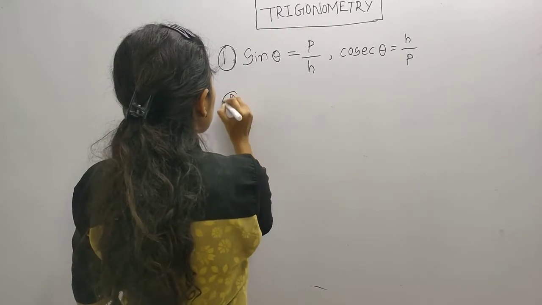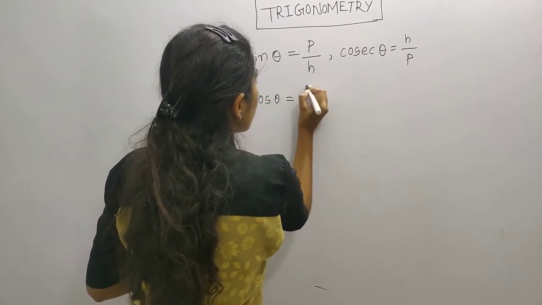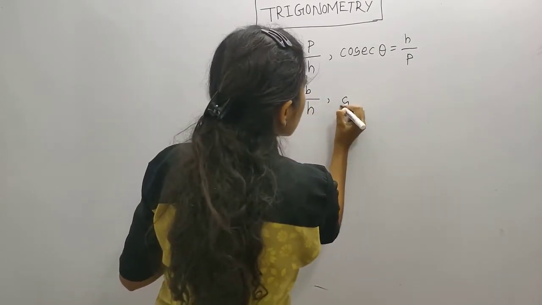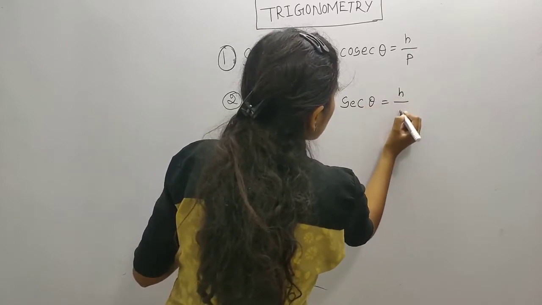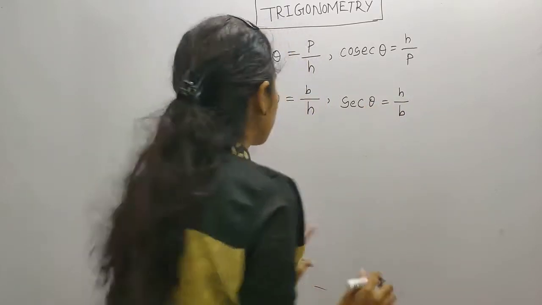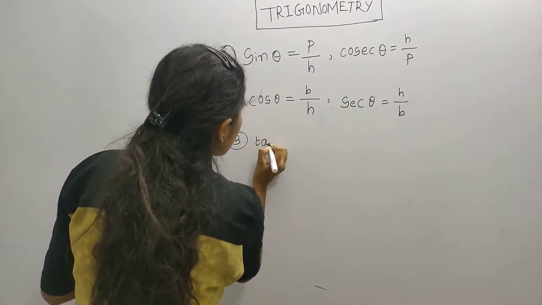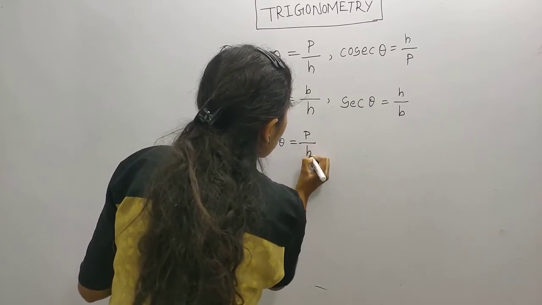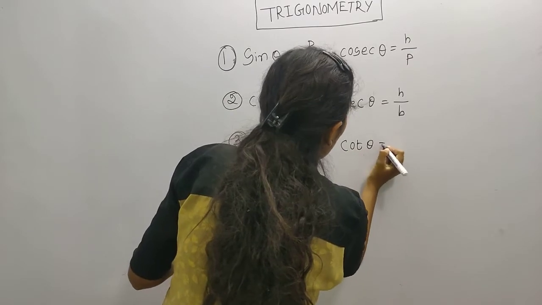And second is cos theta equals to B by H. So, cos theta is the reciprocal of sec theta. It is H by B. Next, third one is tan theta equals to P by B. So, tan theta is the reciprocal of cot theta.